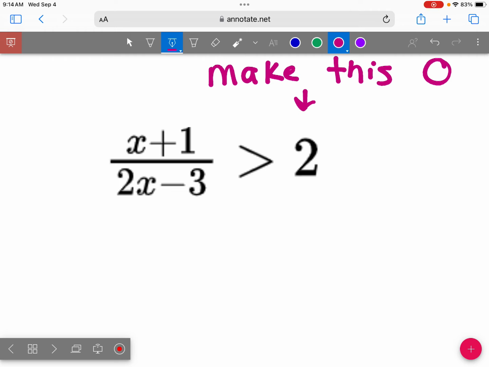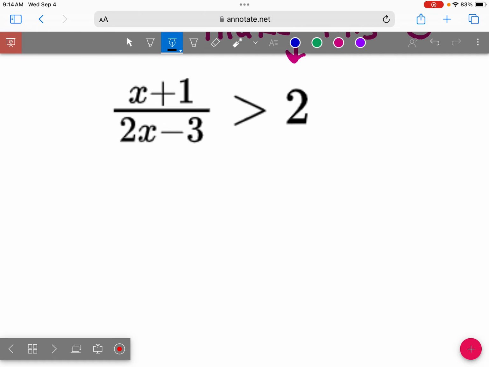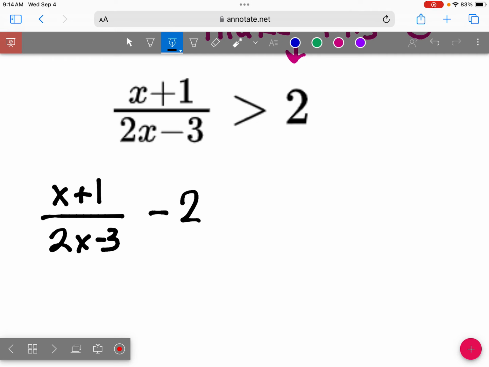So what can I do to get the 2 to go to the other side and make the right-hand side 0? Subtract 2. So when we subtract 2, we're going to have x plus 1 over 2x minus 3 minus 2 is greater than 0.